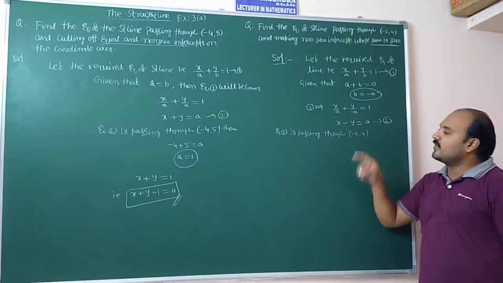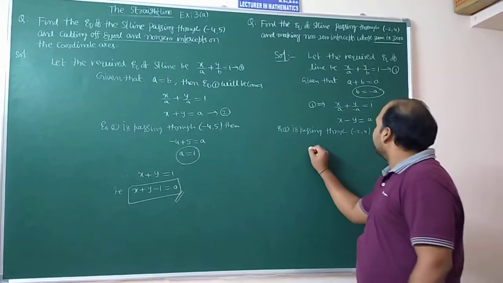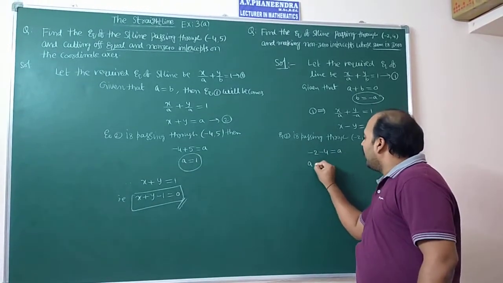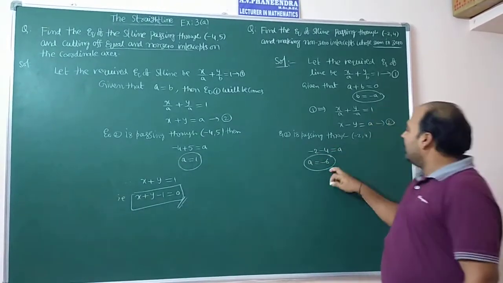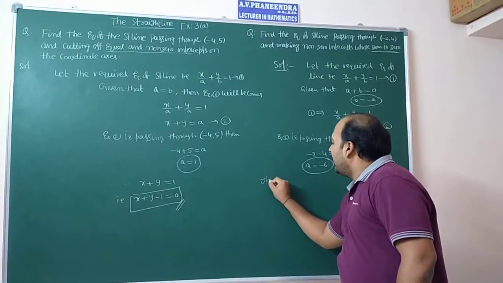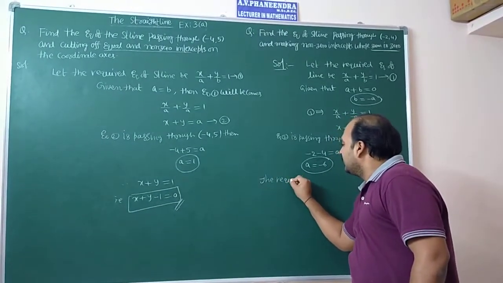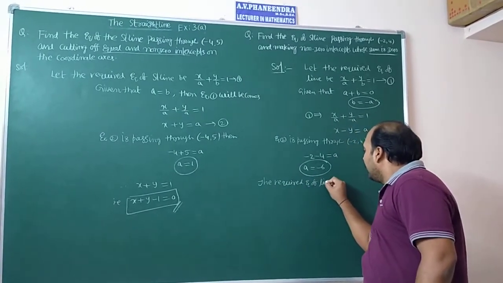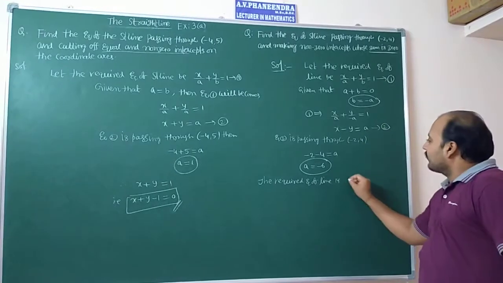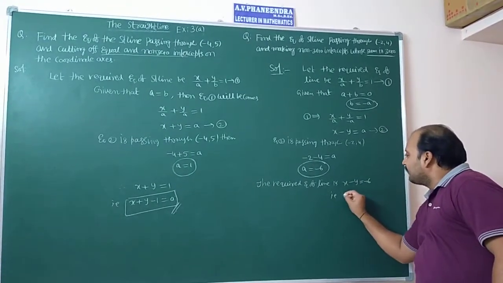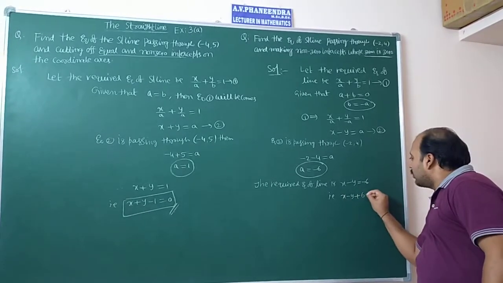In place of x comma y substitute minus 2 comma 4. Minus 2 minus 4 equal to a. Therefore a is equal to minus 6. Substitute a equal to minus 6 in equation 2. The required equation of line is x minus y is equal to minus 6, that is x minus y plus 6 equal to 0.